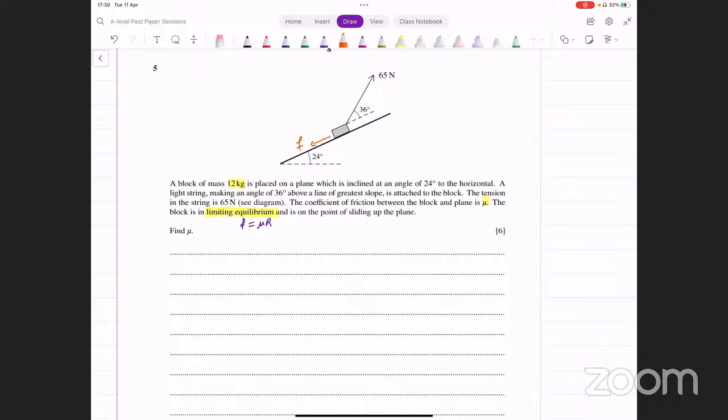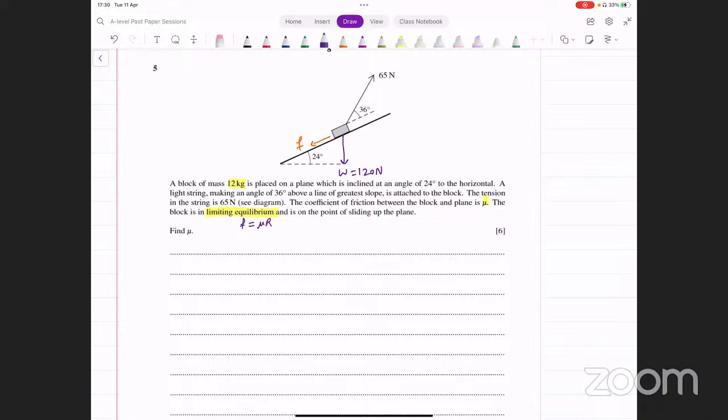All we have to do is just represent the forces. First of all, इस block पे कौन सी forces लग रही हैं? There's weight of the object, weight of the block, which is 120 Newton. 12 kg का mass है, तो weight कितना हो जाएगा? 120 Newton. That's going to be acting vertically downwards like this. What else?